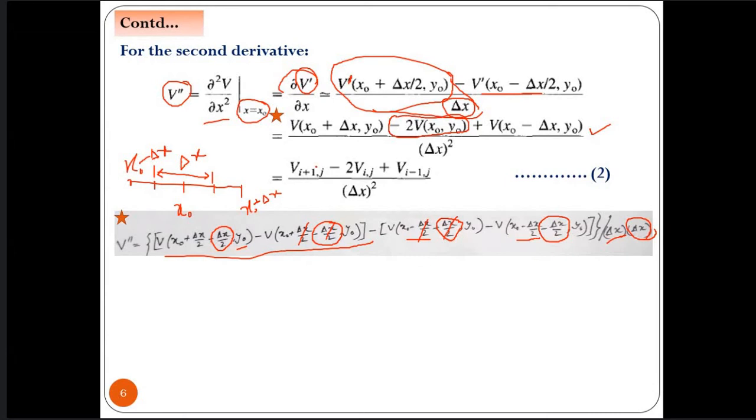For the first term, it becomes v of x0 plus del x comma y0. For the second term, it will be plus v of x0 minus del x comma y0, and del x into del x becomes del x square.